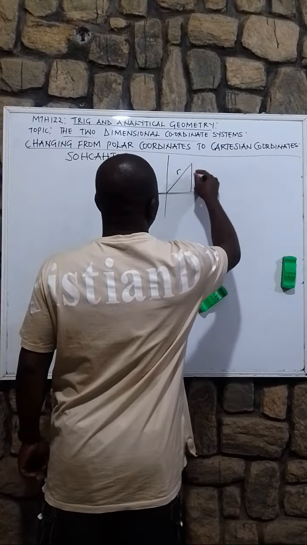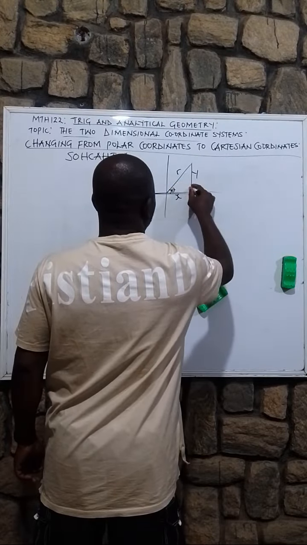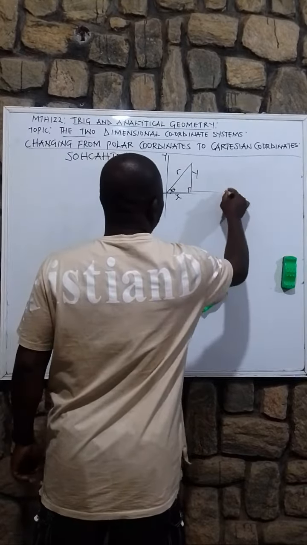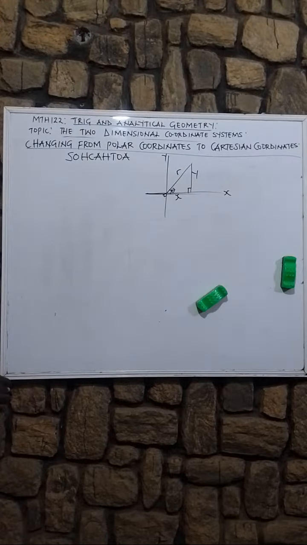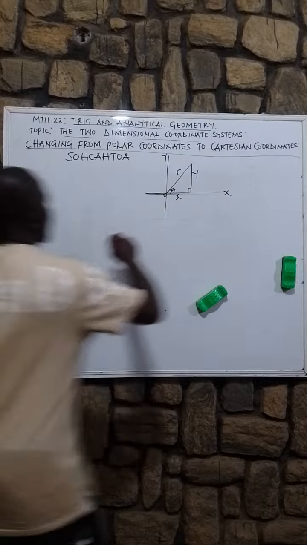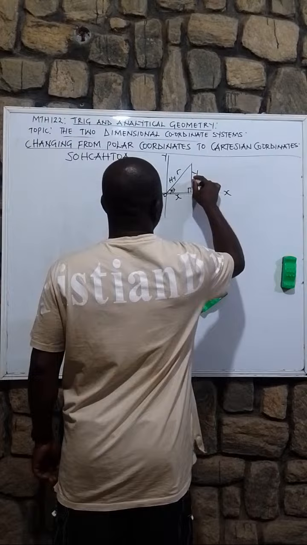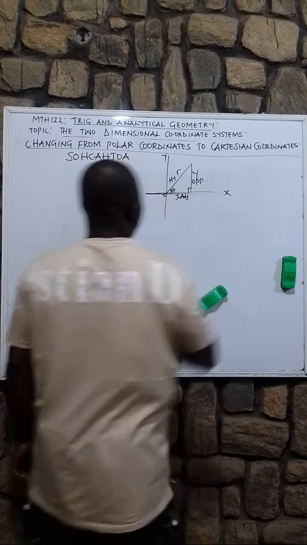This is r, this is y, x, theta, the origin. So now you and I will know that this is the hypotenuse, opposite, adjacent, right?